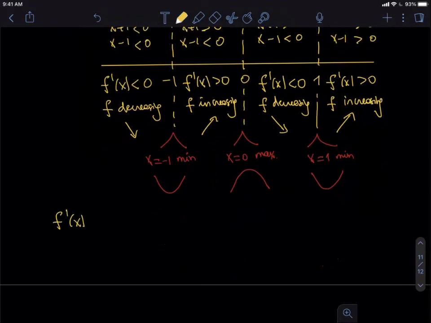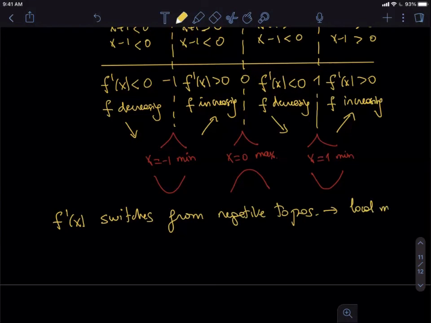If f prime of x switches from negative to positive, then we have a local minimum. Okay, and if it switches from positive to negative, then we have a local maximum.